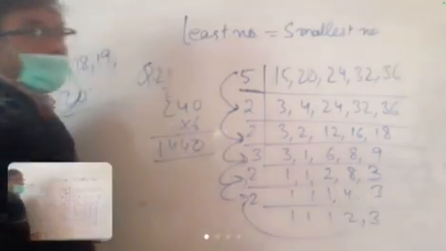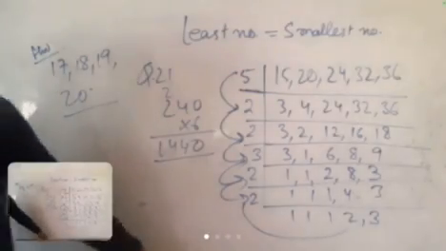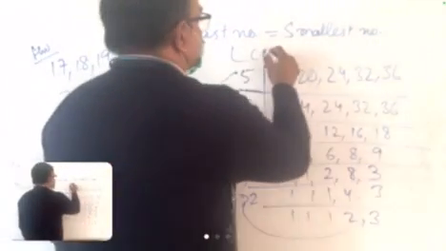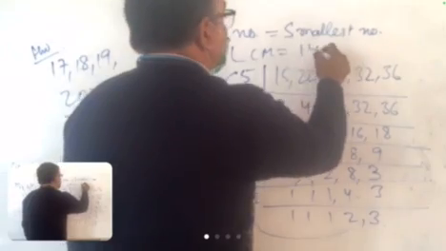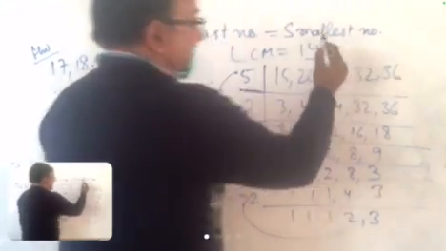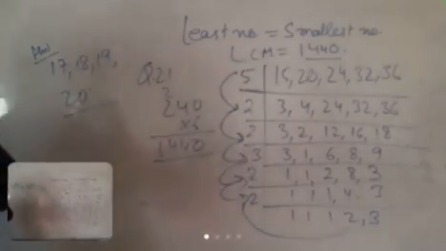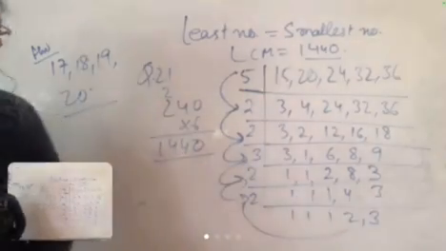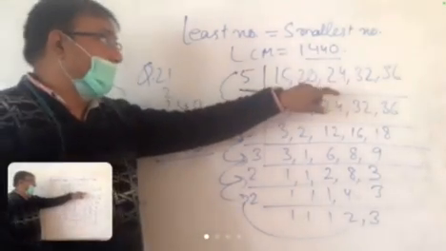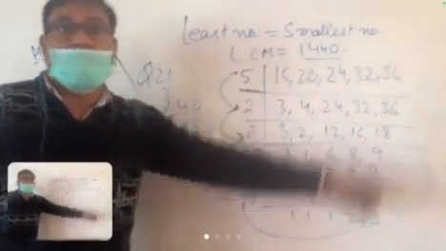Yes, it's 1440. So the LCM is equal to 1440. This is the number. This is the lowest common multiple that is divisible by 15, 20, 24, 32 and 36.